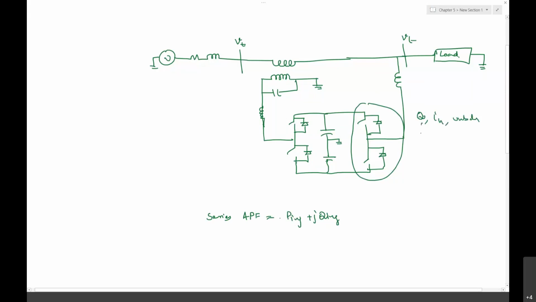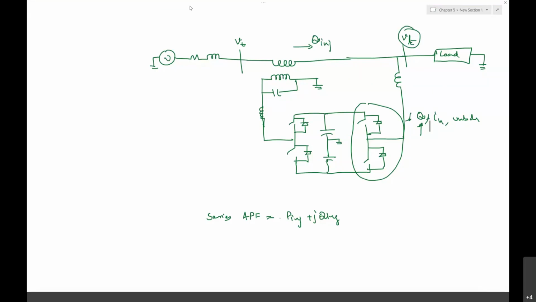When this is supplying some amount of the reactive power required by the load, and this is also supplying reactive power, then there is a reactive power mismatch. Obviously, if this is supplying some amount of reactive power in order to correct the load voltage, in that case the reactive power has to be decreased.